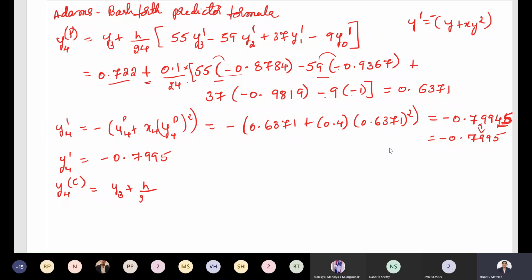What is the corrector formula? y4 power c is equal to y3 plus h divided by 24 into 9 y4 dash plus 19 y3 dash minus 5 y2 dash plus y1 dash. So this is the corrector formula.